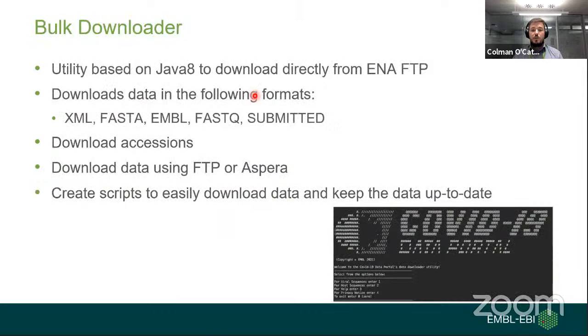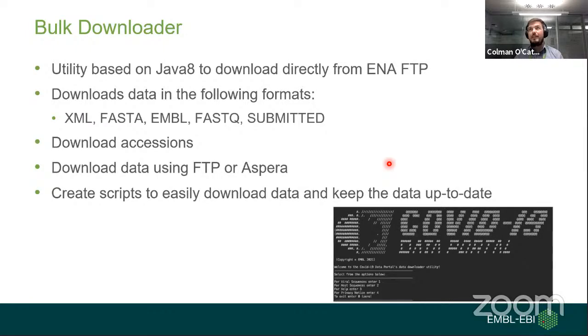I do want to mention that we do have a bulk downloader tool. This is, again, another Java implementation. So you can download any of the data that's archived in the COVID data portal through this slightly interesting command line Java tool. Kind of works very similar to most of our download methods, but you can specify your filters within the download tool.